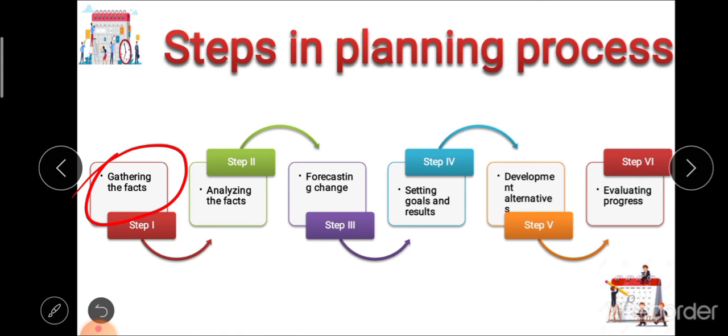Evaluating progress is the most important step in the planning process. So these are the different steps in the planning process: gathering of facts, analyzing facts, forecasting change, setting of goals and result, development of alternatives, and evaluating progress.